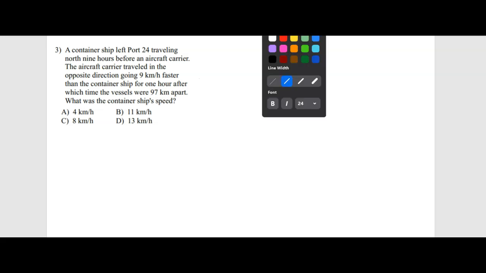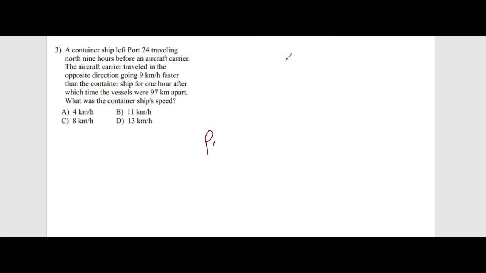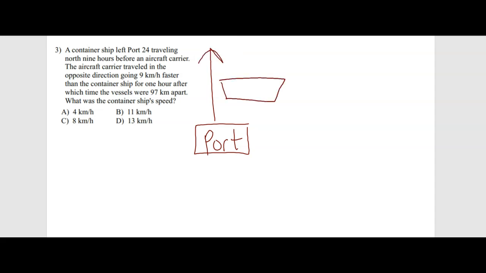Okay, this one's pretty wordy, and I don't like some lack of punctuation here. But essentially, you have one ship traveling north. So let's establish our port here. This is the port from which both ships start. You have one ship traveling north. It's a container ship. I don't know what container ships look like, so we will just have a shape and label it as a container ship.